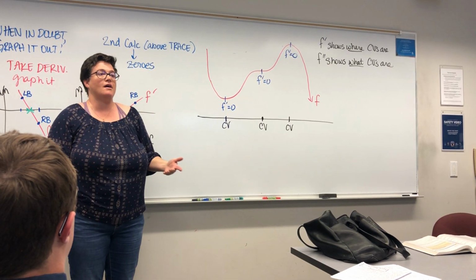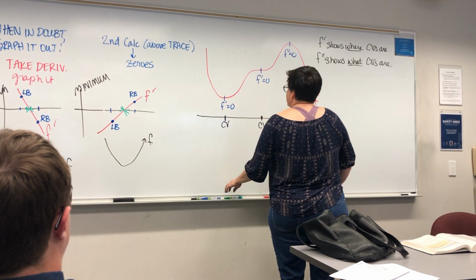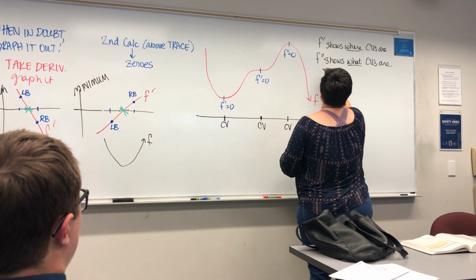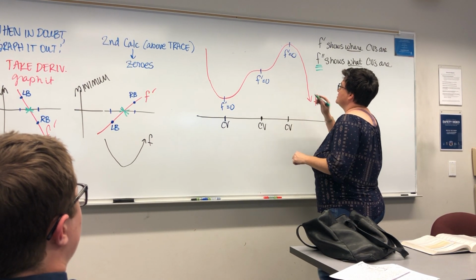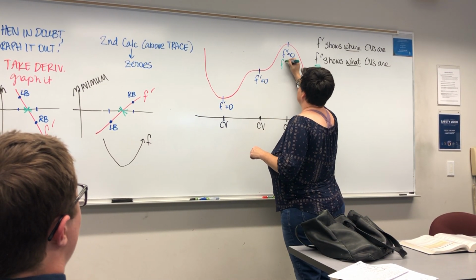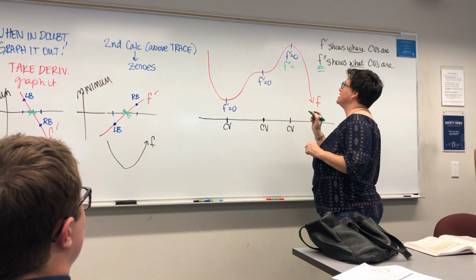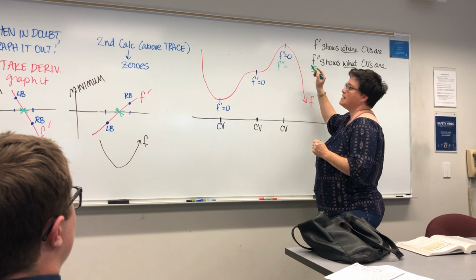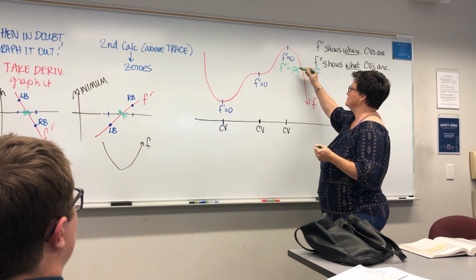So we know where they are, but now we need to know what they are. And the way we do that is we take those critical values and we plug them into the second derivative. So if I plug this critical value into the second derivative, what kind of sign am I going to get out? Happy face, sad face, or a 0? Negative. Sad face.